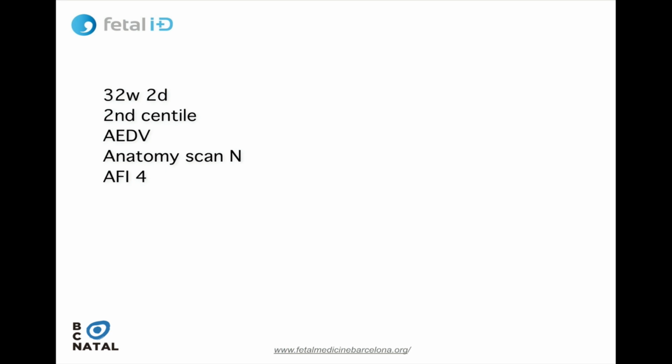And the anatomy scan is normal, and there is a slight reduction in the amniotic fluid, which is below 5. Some of these parameters might be important or might be not. I'm just mentioning that to you because again, it's a very typical description. And I was very recently consulted on a case, and they gave me exactly this information. That's why I picked up this case to put here.